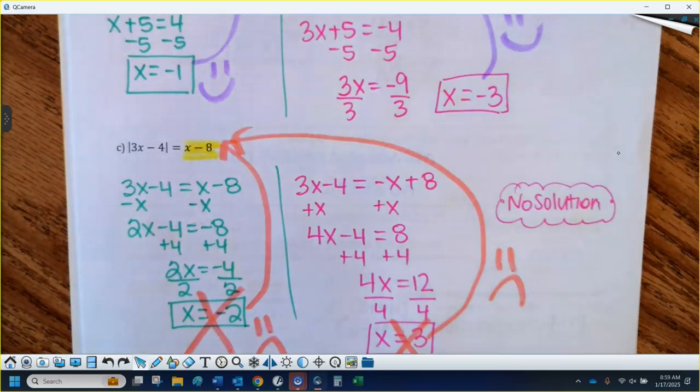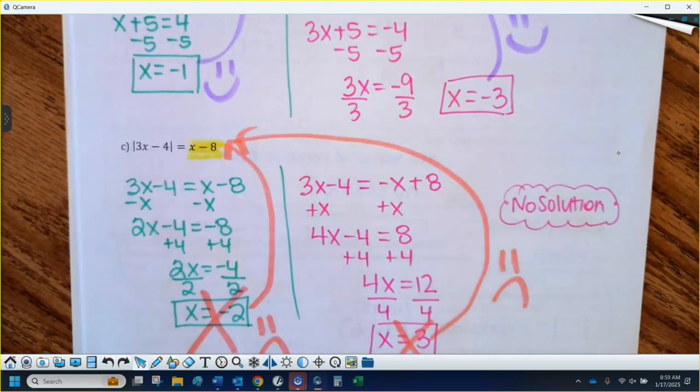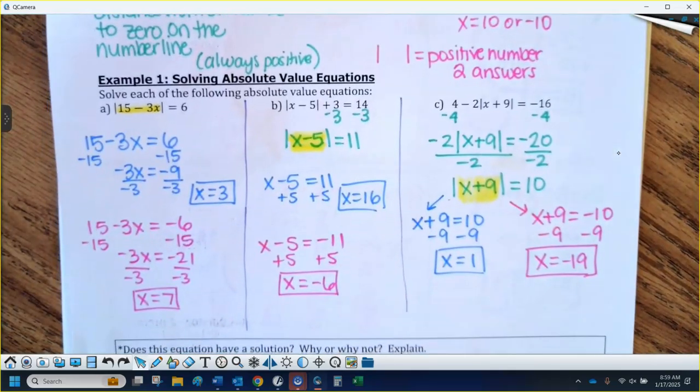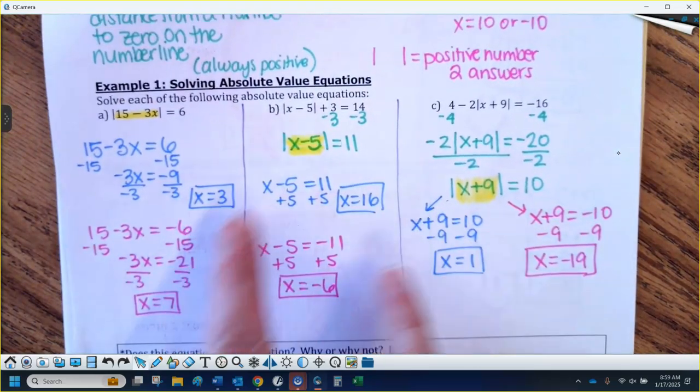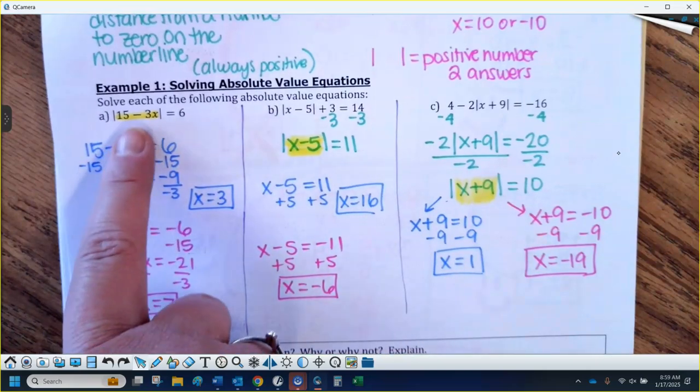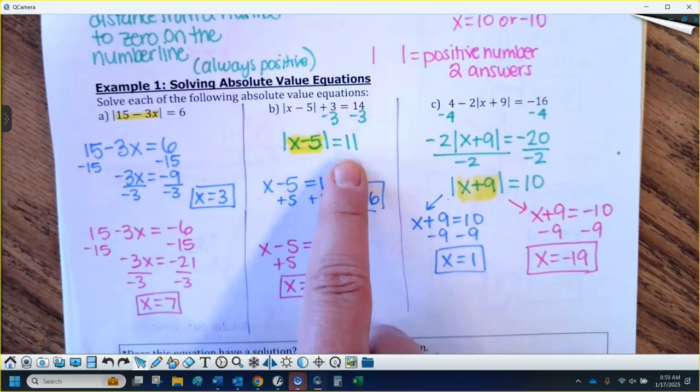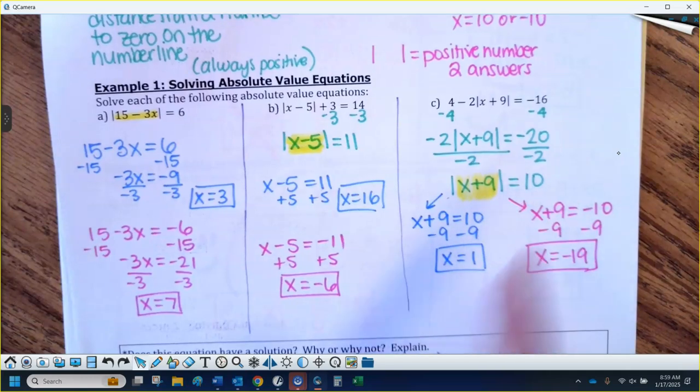You only have to check if your absolute value is equal to an expression. If it's like any of the questions on the front, each one of these was equal to a positive number. Like I had absolute value equal to 6, absolute value equal to 11, absolute value equal to 10. There's no potential for an extra answer there because I know what it's equal to. It doesn't have an x with it, just that plain number.